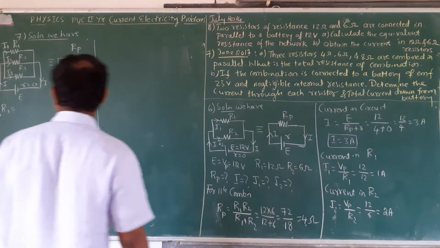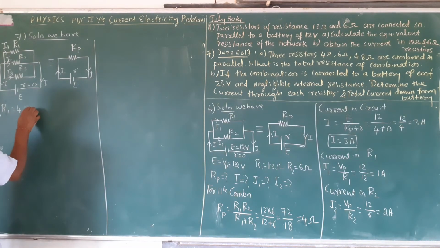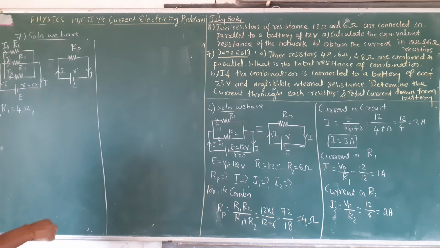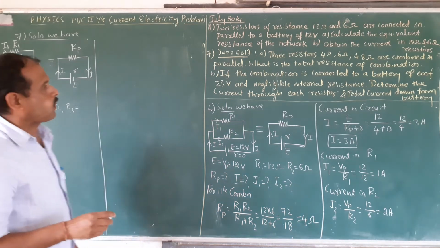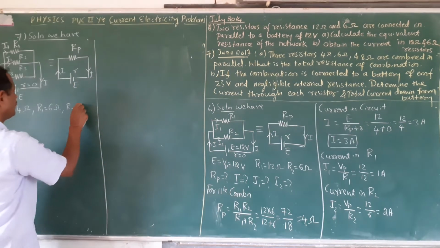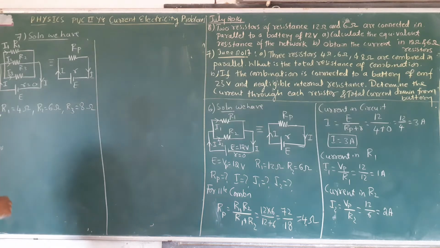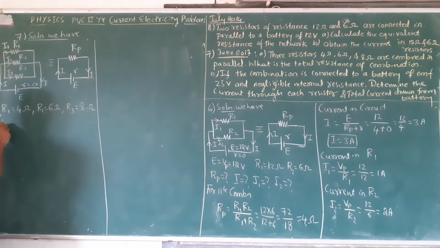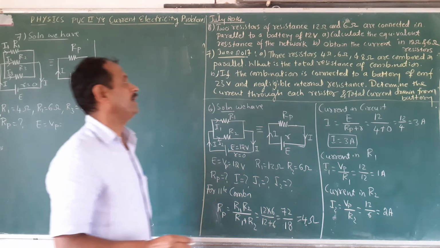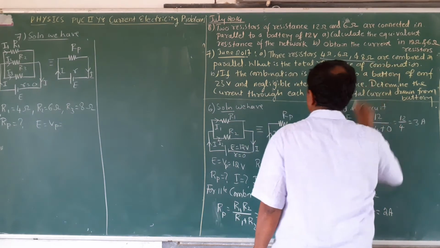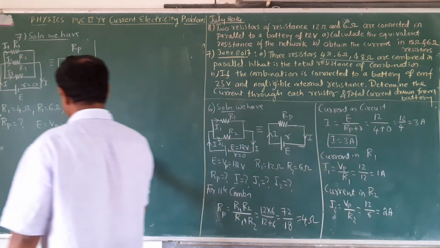R1 is 4 ohm. R2 is 6 ohm. R3 is 8 ohm. Then what you have to find out? RP you have to find out. E is equal to VP, the voltage applied here, is 25 volt.